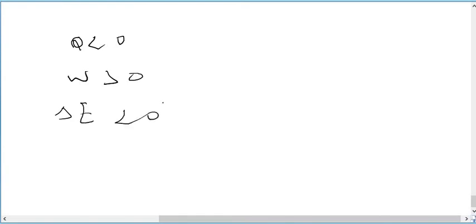So when heat is less than 0 and work is greater than 0, then the whole energy will be less than 0. So that is the conclusion.